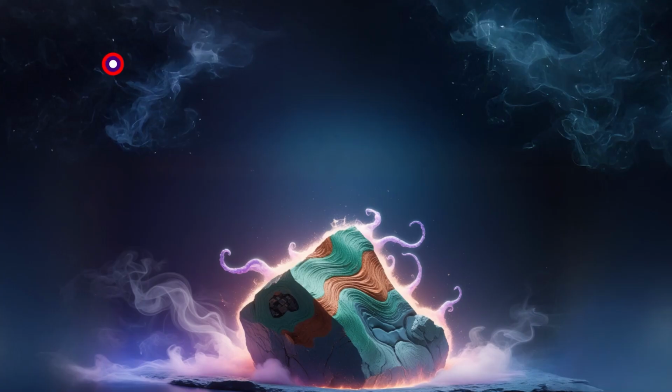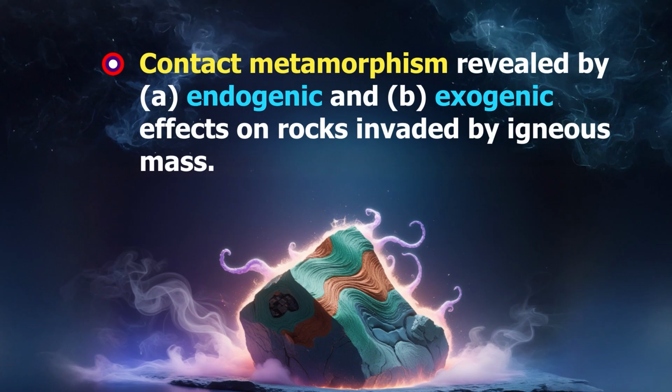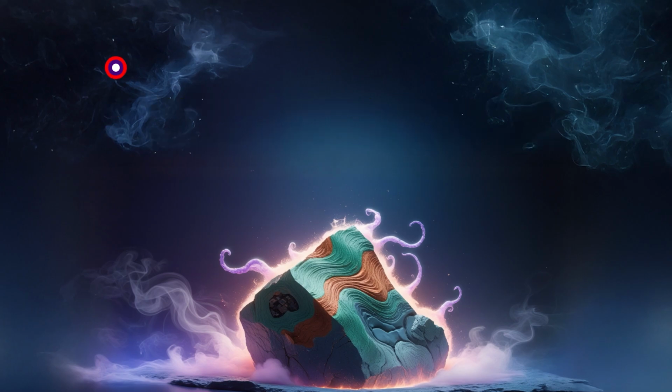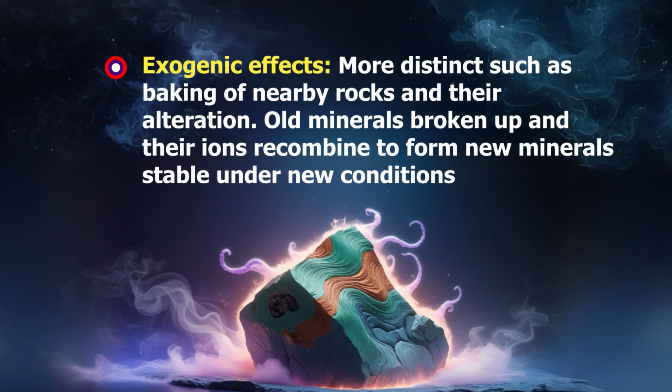Contact metamorphism is revealed by endogenic and exogenic effects on rocks invaded by igneous mass. Endogenic effects are textural and mineral changes in the border zone, whereas exogenic effects are more distinct, such as baking of nearby rocks and their alteration. Old minerals are broken up and their ions recombined to form new minerals stable under new conditions.